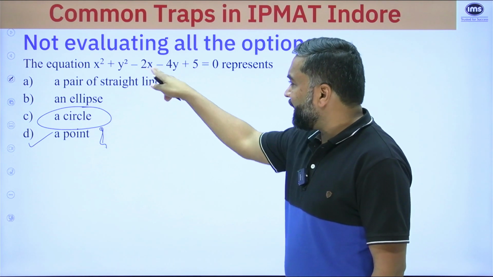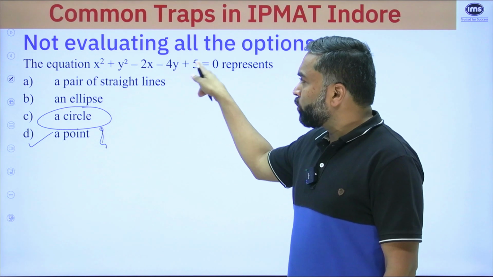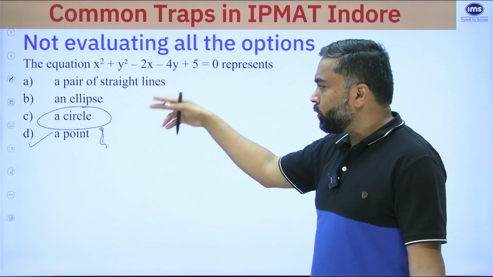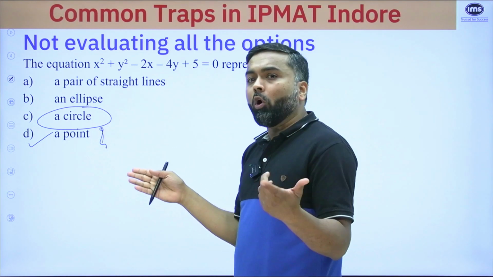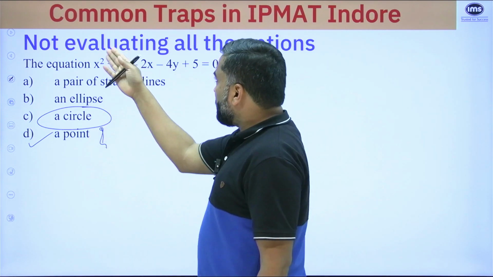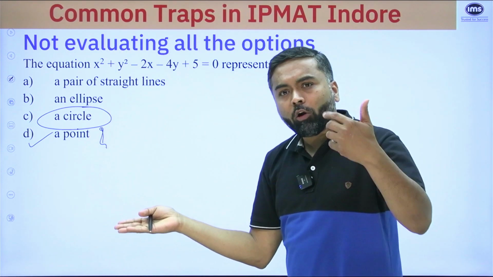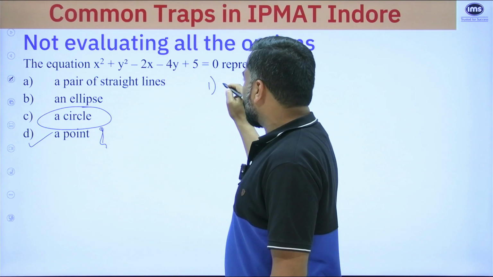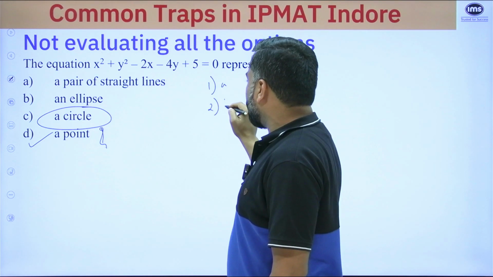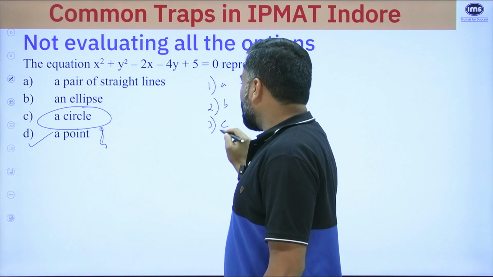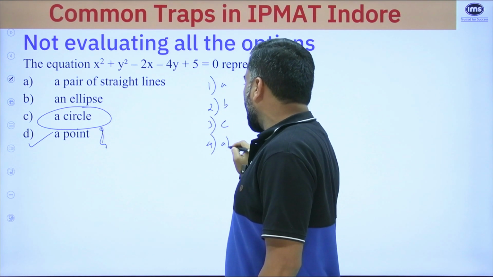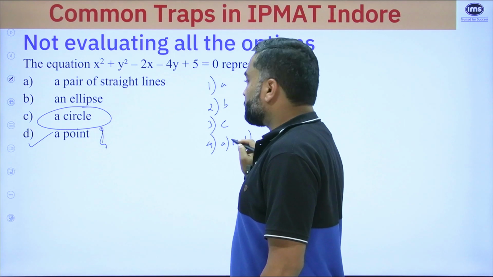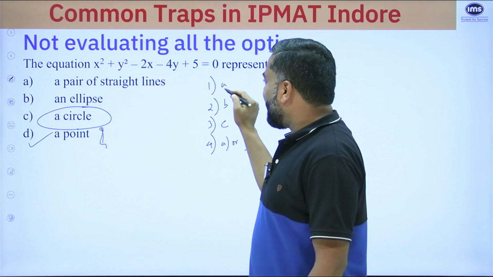Okay, this is 1 and 2. 1 square plus 2 square minus 5 is 0. Square root of 0 is 0, so the radius is coming out to be 0. So you need to evaluate all the options. A lot of times it happens that the first option is A, the second option is B, the third option is C, and the fourth option is A or B. Most of the time students get A, mark it and go ahead.